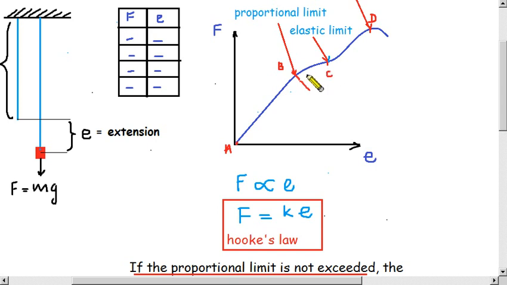The elastic property remains up to this place, but the proportional property ends at point B. Beyond that you can't see the proportional property, but the elastic property is still there, up to this limit. That's why it is named the elastic limit.